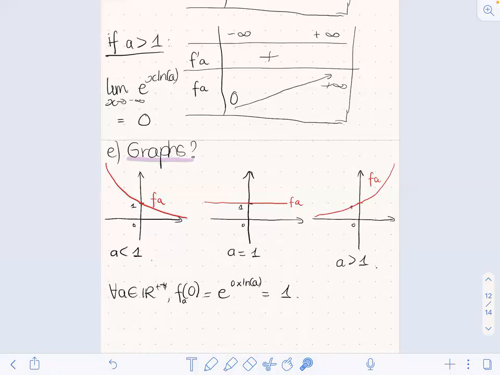Okay, so basically, when you have a function of the form a to the power x, you've got 3 possibilities. When a is equal to 1, you're constant and equal to 1. When a is below 1, you're basically like an exponential of a negative x. And when a is greater than 1, your behavior is like that of the exponential of a positive x. So is the reasoning behind these 3 functions okay?